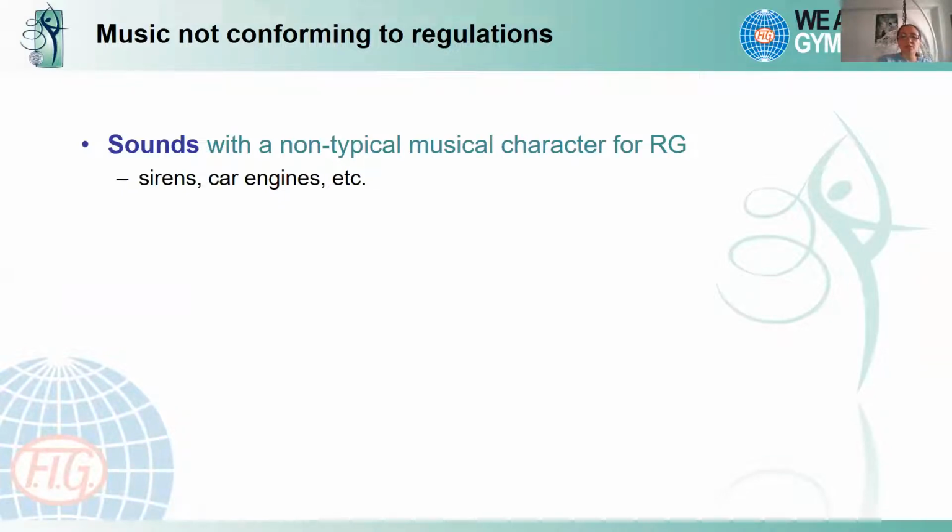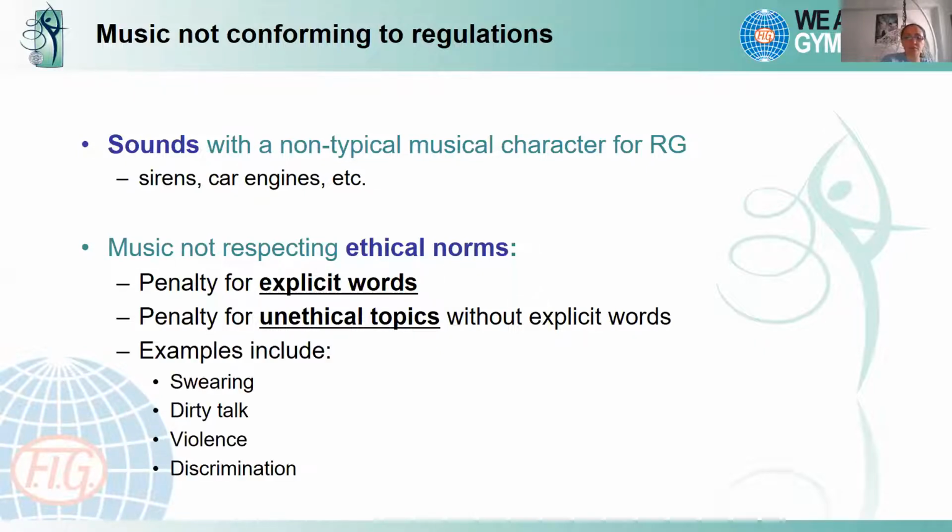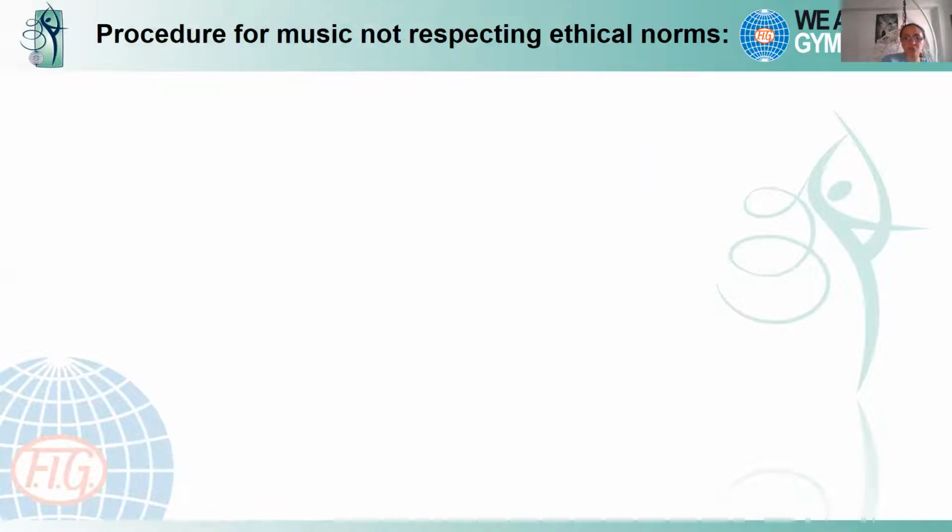Sounds with a non-typical music character for RG, sirens, car engines, etc. Music not respecting ethical norms: penalty for explicit words, penalty for unethical topics without explicit words. Examples include dirty talk, swearing, violence, discrimination. All these are unethical topics that are not allowed.